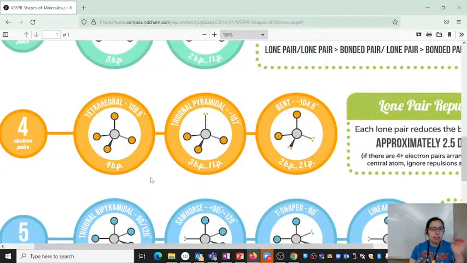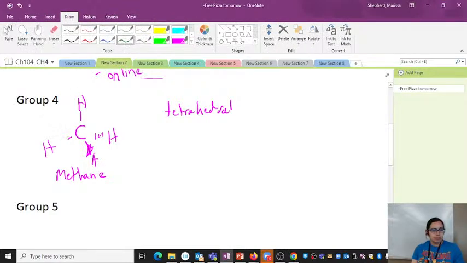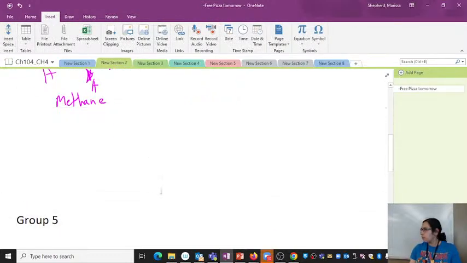The other thing to note is the bond angle, and it's written up here, it's going to be 109.5 for all those angles. Just as an FYI, other compounds follow the same kind of pattern and structure in this group.